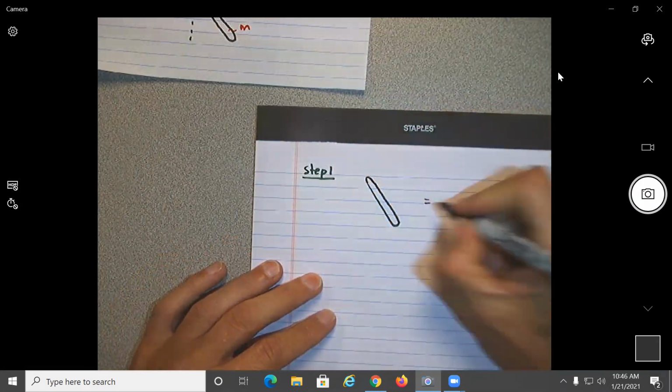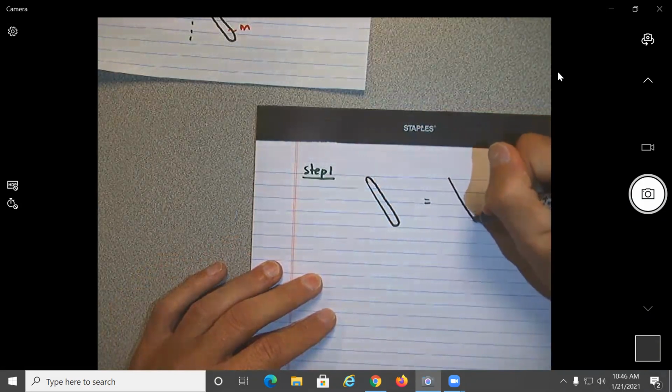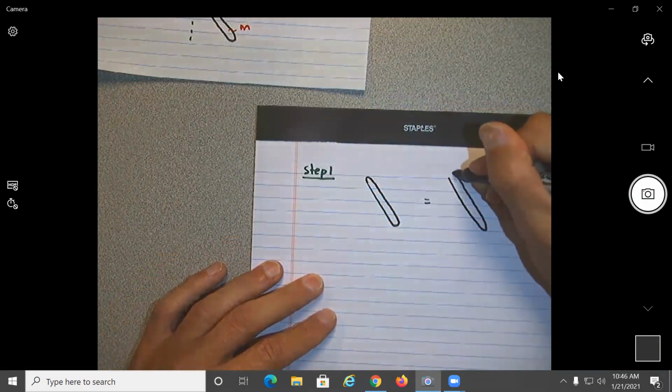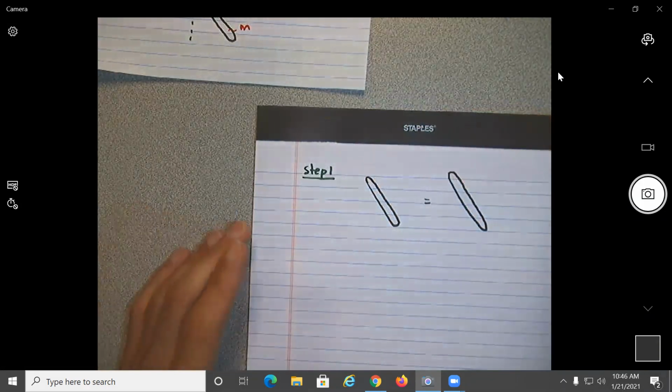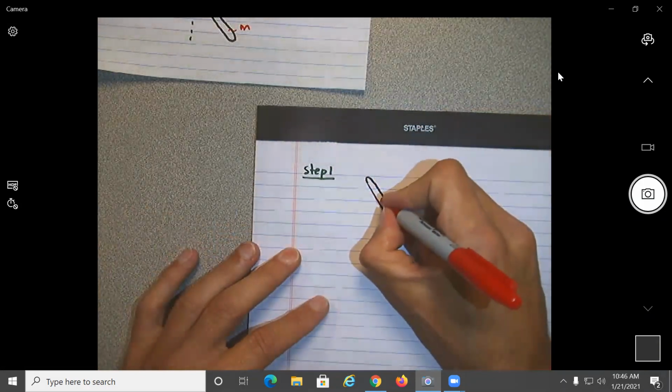And again, I'm going to do 2, they should be identical. They're not identical, but not a big deal.